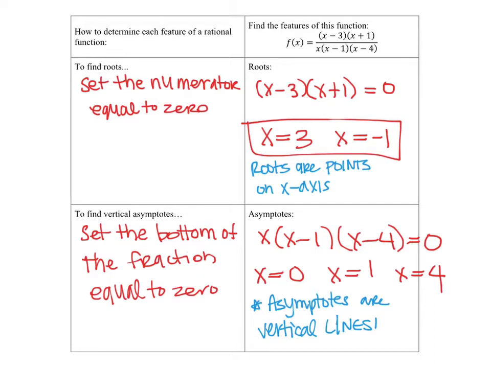So an asymptote, we don't actually have the line itself on the graph, but my graph approaches that line, if it was actually there.